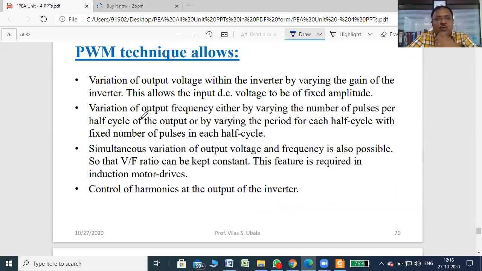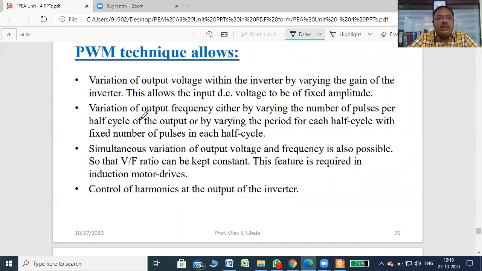This allows the input DC voltage to be of fixed amplitude. Then variation of output frequency is done either by varying the number of pulses per half cycle of the output voltage or by varying the period of each half cycle with a fixed number of pulses in a half cycle. So how to vary the frequency is given here.